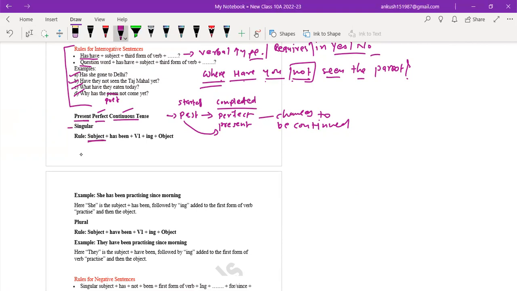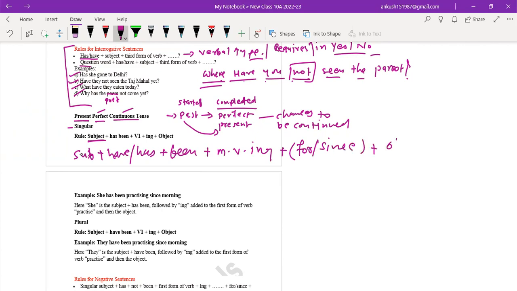Suppose a singular subject is there, if you write the structure, it is subject plus have or has plus been plus the main verb in ing form, plus optionally for or since plus object.